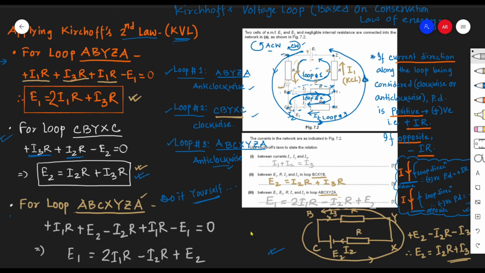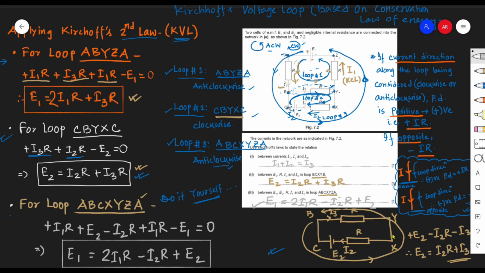BCXYB: I3 is flowing through this resistor R, and I2 is entering the negative terminal of E2. So when I choose the loop from B, it enters the positive terminal of the battery, so it is plus E2. Then the loop is going towards the right, but current I2 is moving towards the left, the opposite direction, so it is negative I2R.